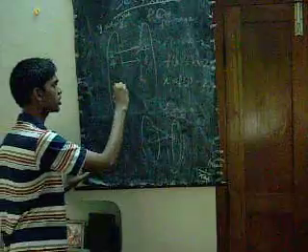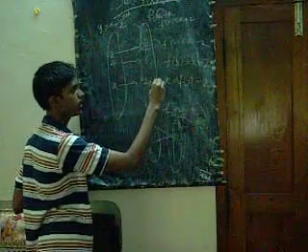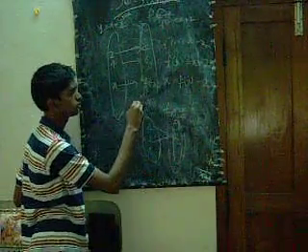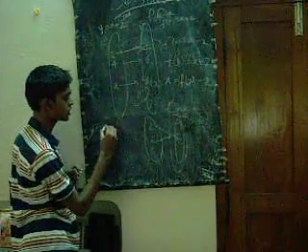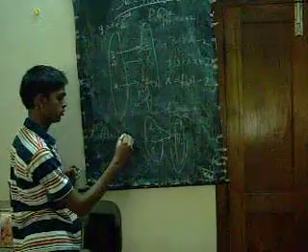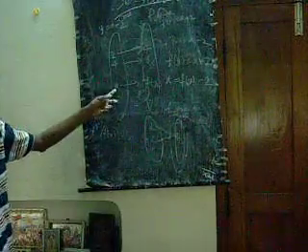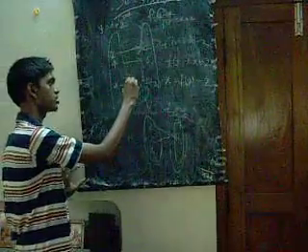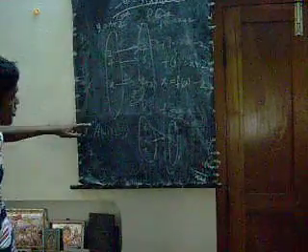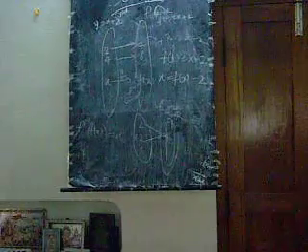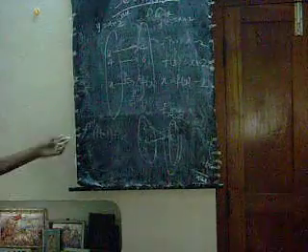So x is giving you f of x. For the inverse function, you are putting f inverse. f inverse of f of x gives you x. While putting the f function on x, you get f of x. On f of x, you put f inverse and you get back x. So f inverse of f of x is x.